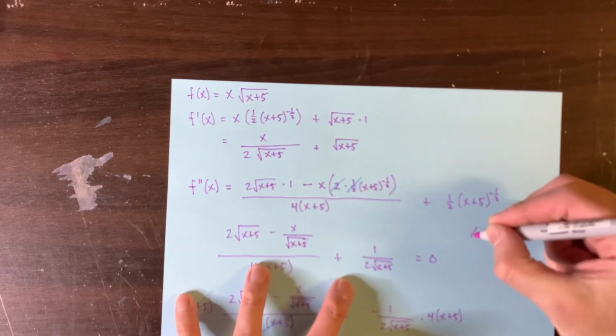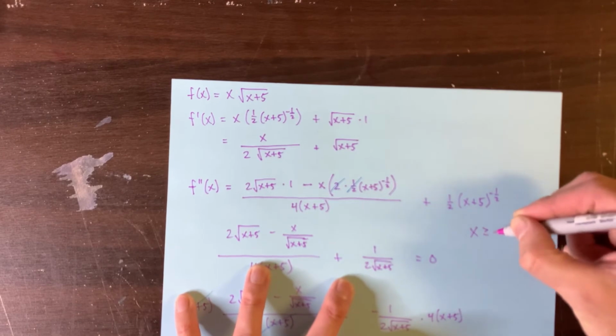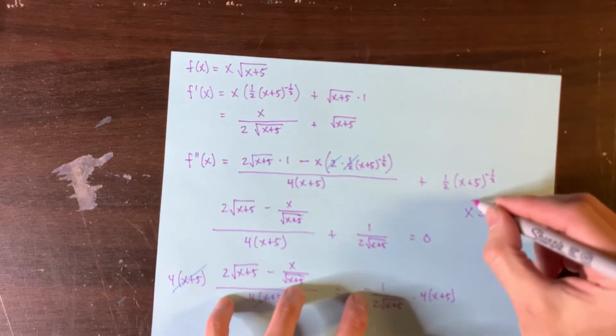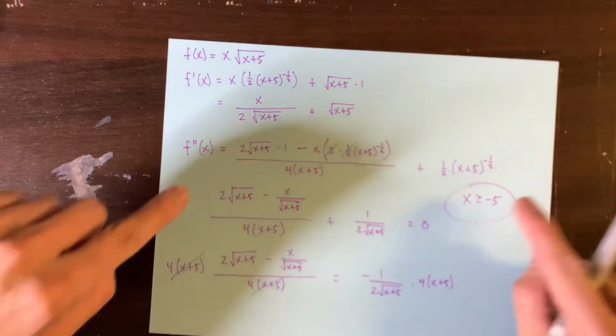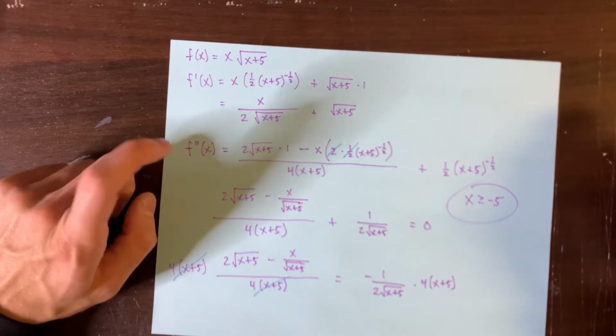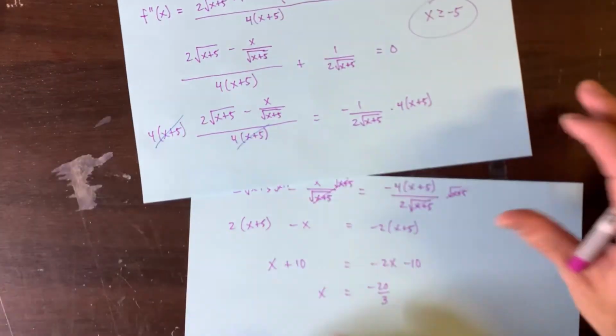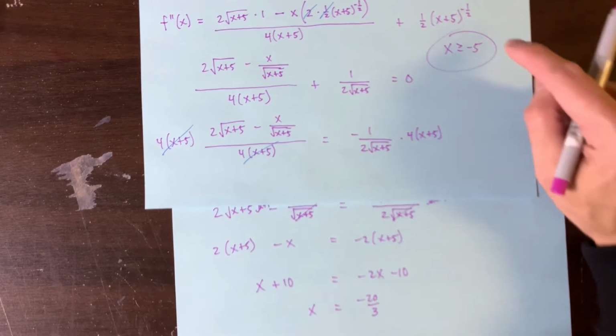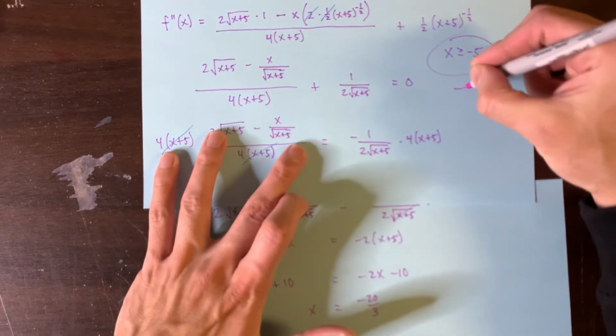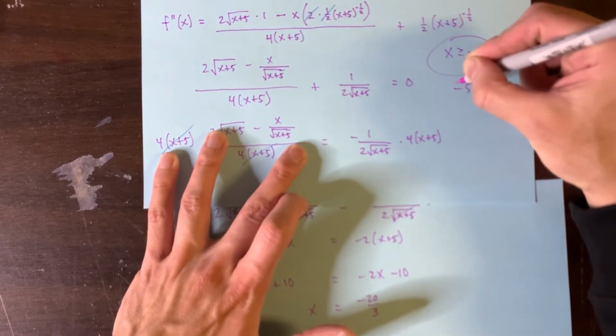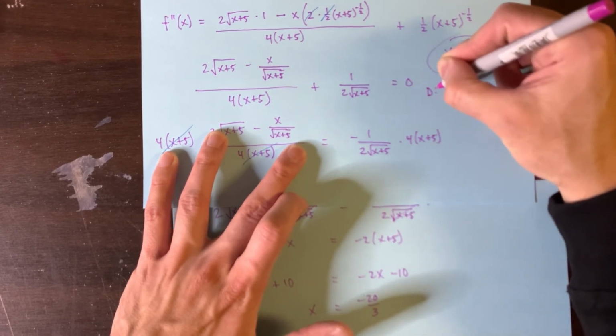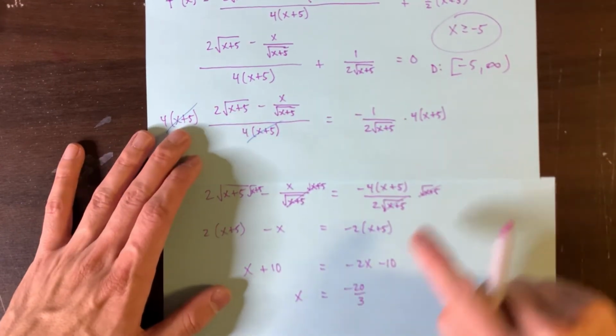So the domain is x is greater than or equal to negative 5. This is the domain of the second derivative. And this number is not part of this domain, right? So this is like from negative 5 to infinity. This number is not in here.